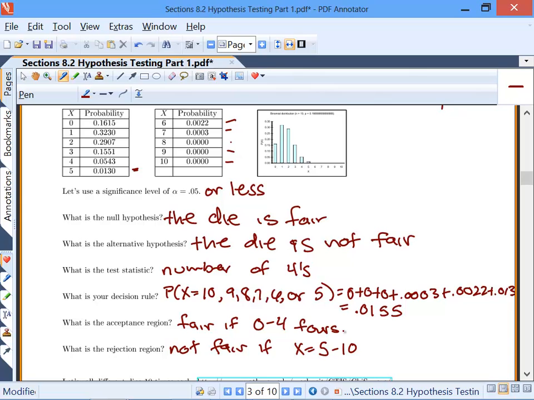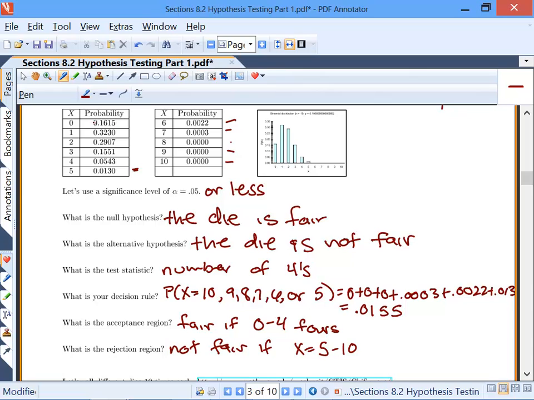Any questions so far? Well, I have a question. Why on the last one did you look at the lower end and then the upper end, and this one we only look at the upper end? Because on the last one our distribution was symmetric, so getting 0 heads was just as likely as getting 10 heads. But when you look at this, our distribution isn't symmetric, it's very right skewed, and if you try and look at the lower ends, the probability of getting 0 is already at 16%, which is fairly likely on a fair coin.